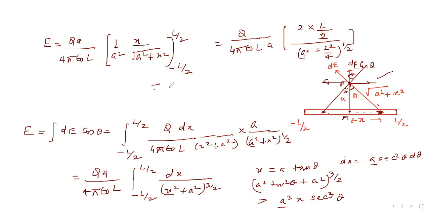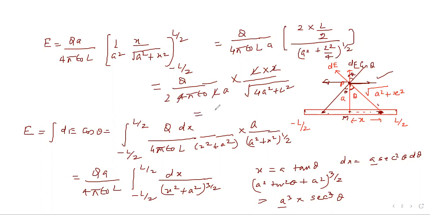If we simplify, we get Q upon 4 pi epsilon naught L a times L divided by 2 root of 4a square plus L square, since 4 goes outside the square root and becomes 2. Now L will cancel out, and the 2 will cancel the 4.